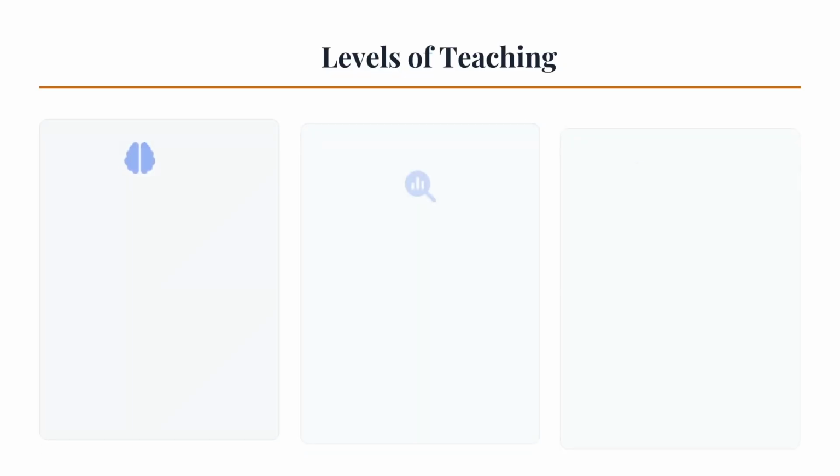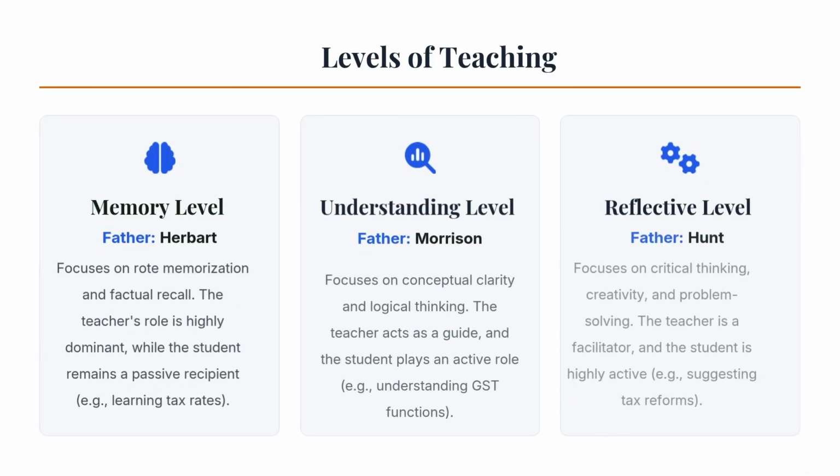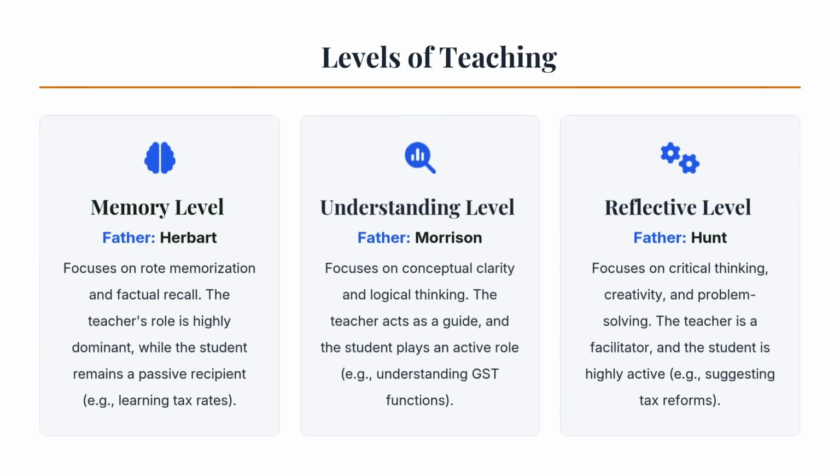Levels of teaching. This is one of the most important topics from Unit 1 and also a UGC NET exam favorite topic. The three levels of teaching. First, we have the memory level teaching, which was introduced by Herbart, which focuses entirely on memorization, recall, and facts. Here, the teacher's role is dominant and the student's role is passive, where they just learn by heart what is being taught.